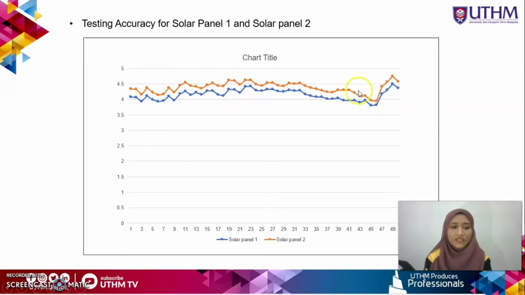So we can see the performance for the solar panel 2 is better than solar panel 1. Maybe it is because of the shadow, where solar panel 1 does not receive the same amount of light as solar panel 2 does.